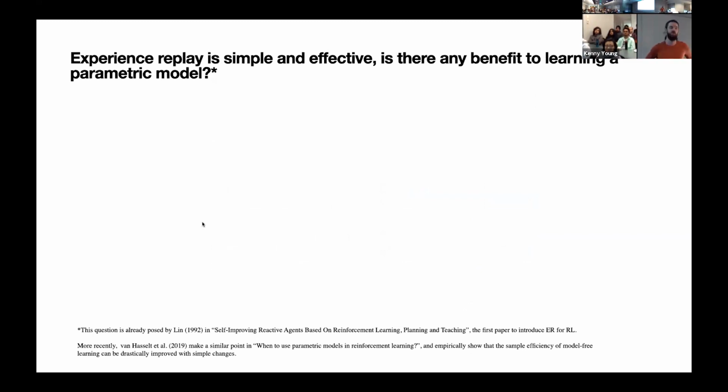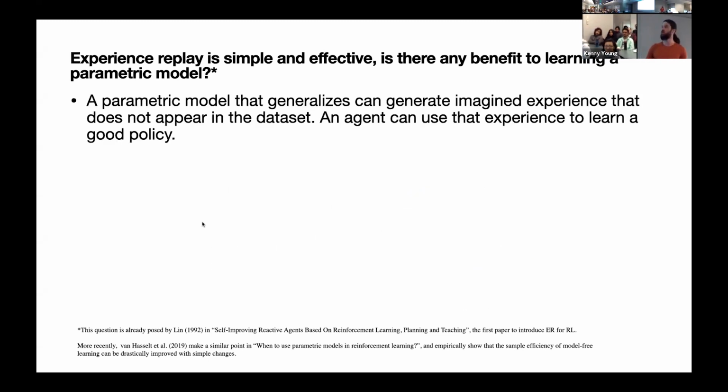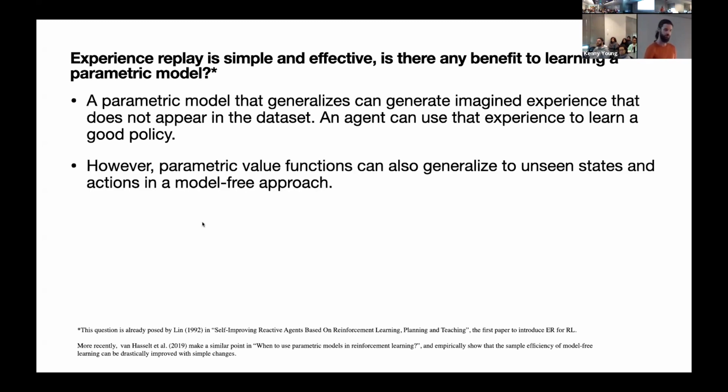Given that experience replay is so simple and effective, is there really any additional benefit to learning a parametric model? One argument is that a parametric model that generalizes can generate imagined experience that doesn't explicitly appear in the data set. If that model generalizes well, then an agent using that additional experience to learn a policy can learn a better policy than it could without it.